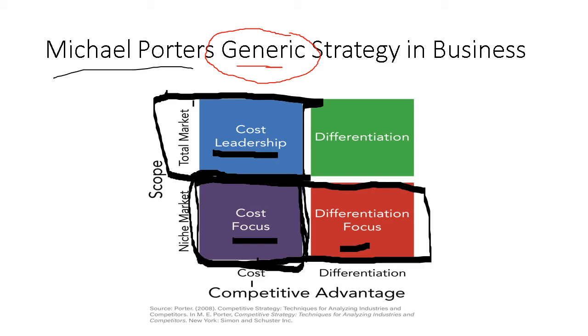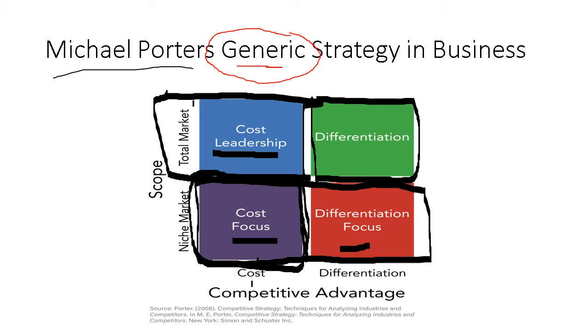All right? Now, on the right column, if you are talking of a broad market and your strategy is uniqueness and differentiation, therefore your strategy should be differentiation.